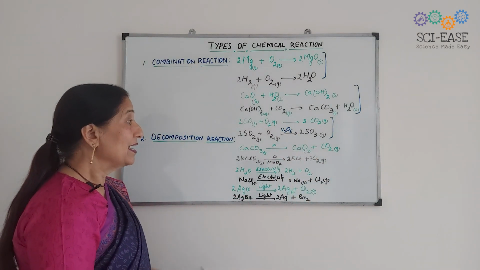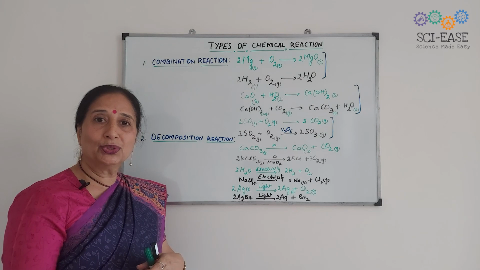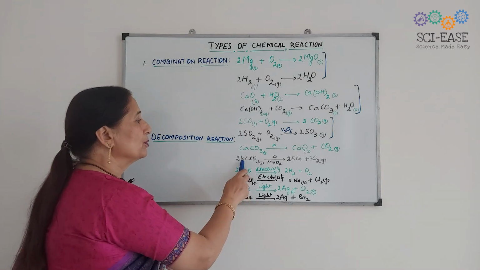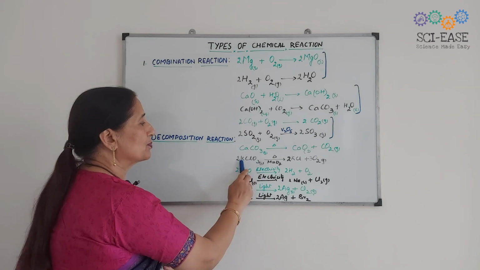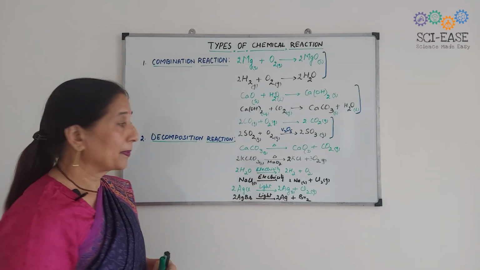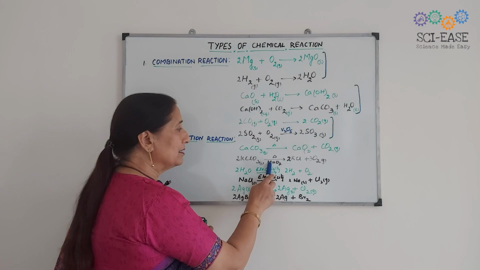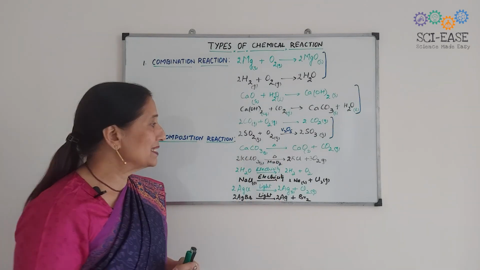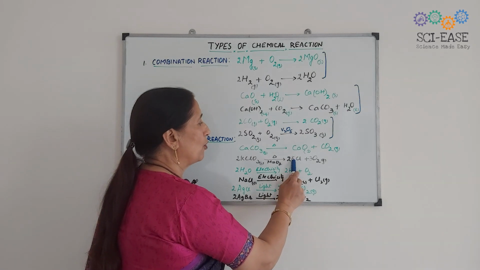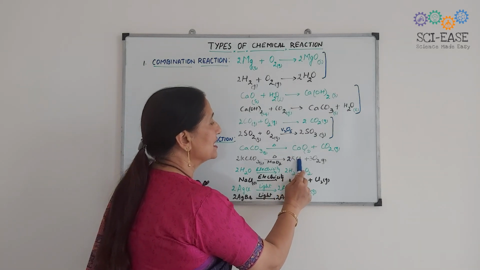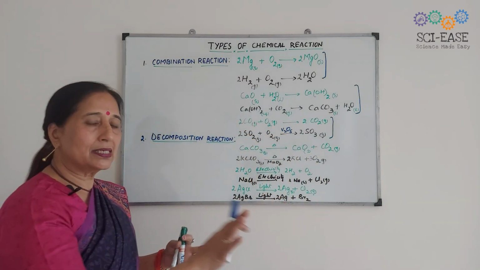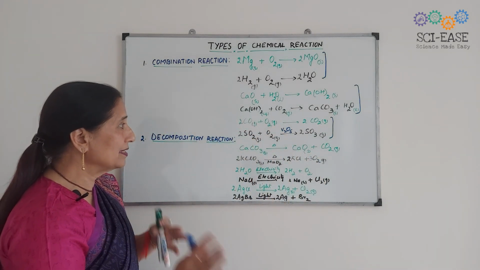Clear? In the same way, I have told you that in the laboratory preparation of oxygen, we use KClO3, that is potassium chlorate. We will heat it, and in the presence of the catalyst MnO2, manganese dioxide, this will result in the formation of KCl plus O2. Balancing is there. So what is this?